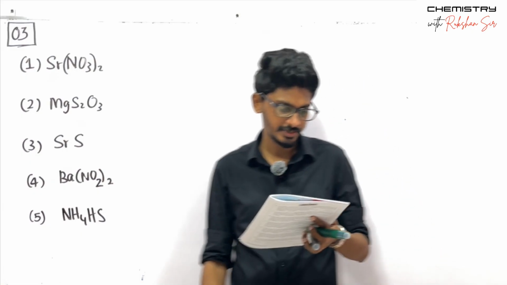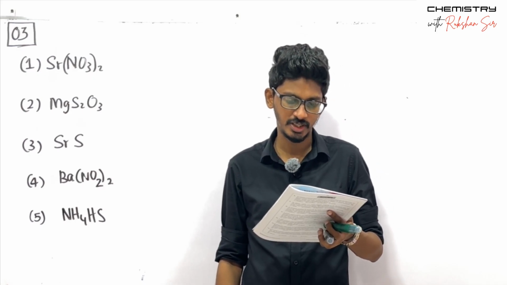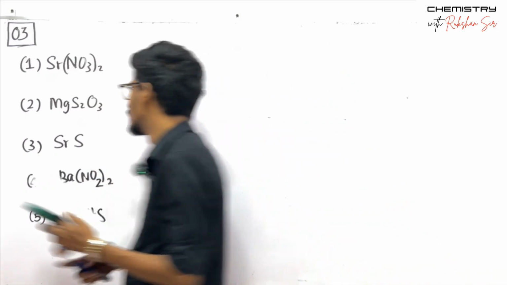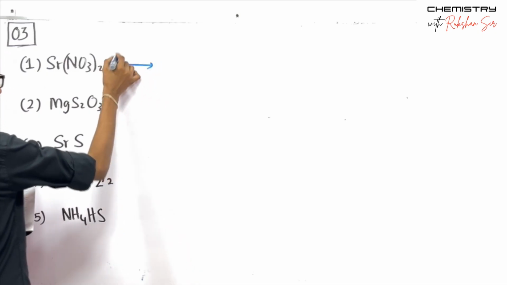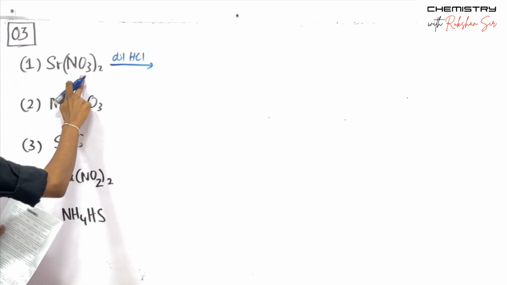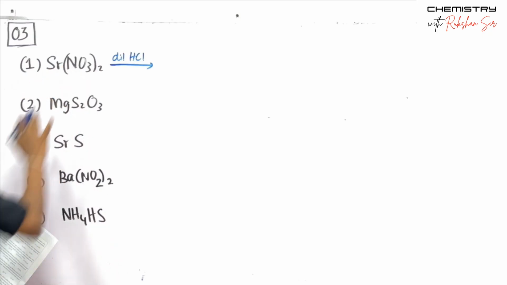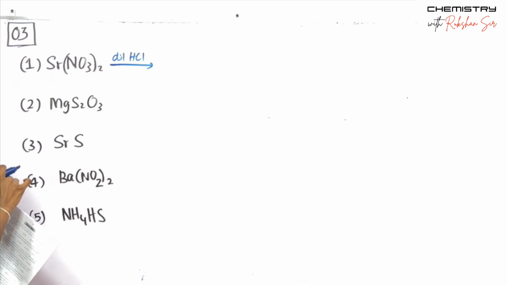Let's go to the first statement here. Inorganic salt P gave a colorless gas and a colorless solution when treated with dil. HCl. With dil. HCl, only 5 anions are capable of gas liberation: carbonate or bicarbonate, S2 minus, SO3 2 minus, S2O3 2 minus, and NO2 minus.